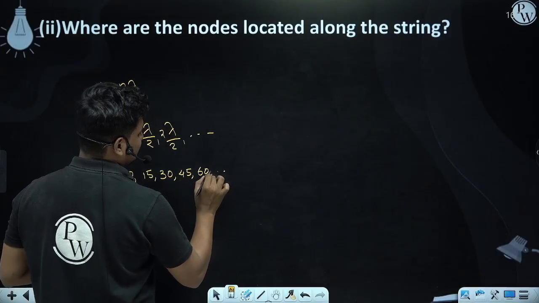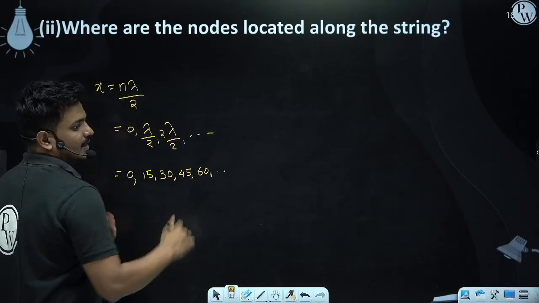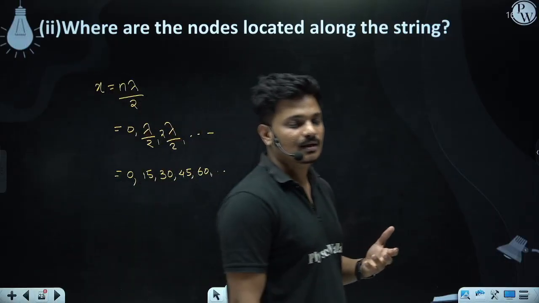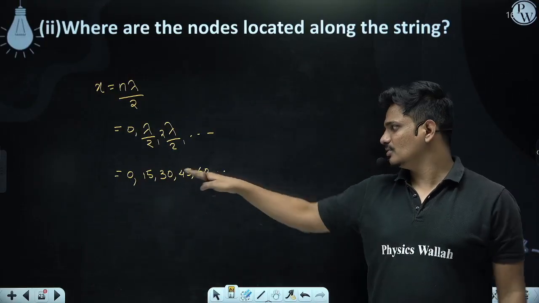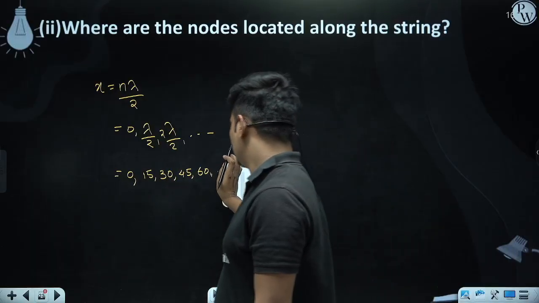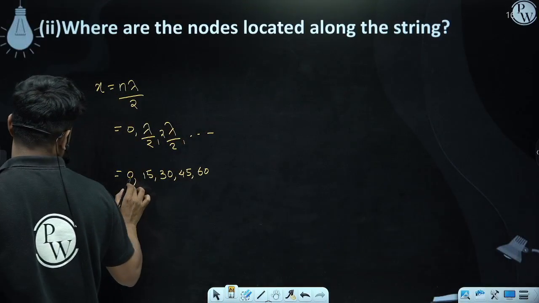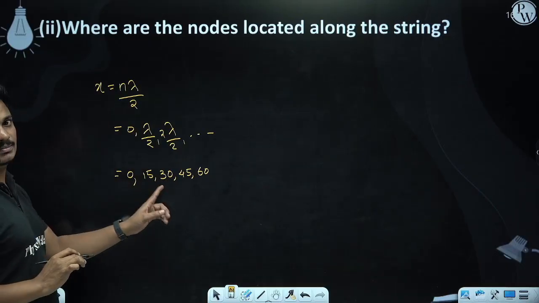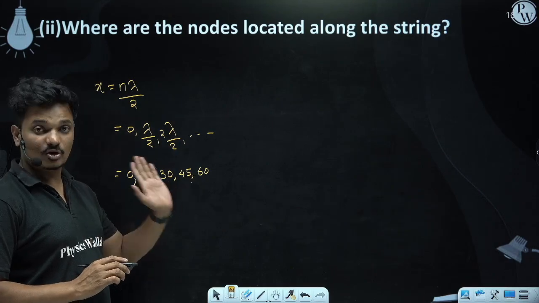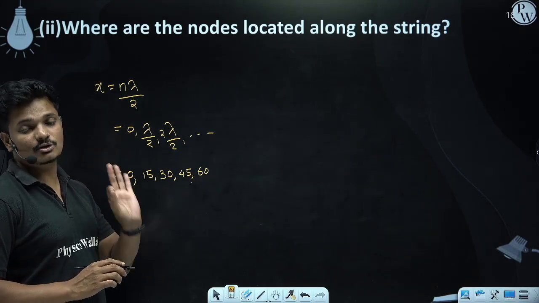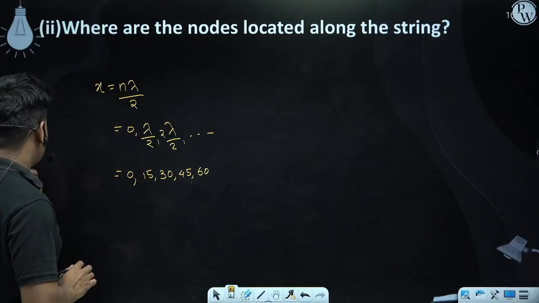The string has only 60 centimeter length. So these are the nodal points: 0 centimeter, 15 centimeter, 30 centimeter, 45 centimeter, and 60 centimeter. At these locations, nodal points are formed. This is our second point.